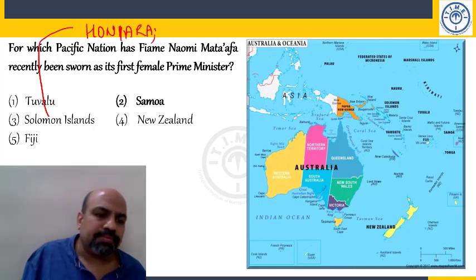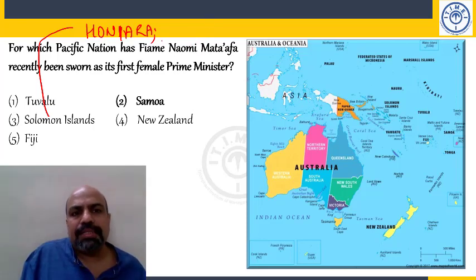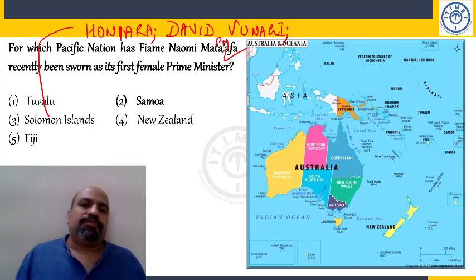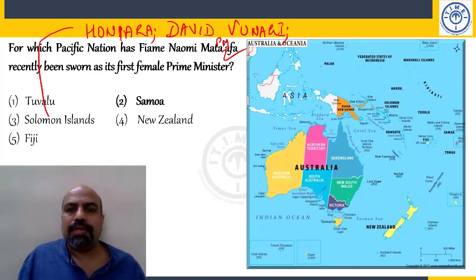And the prime minister here is David Hunagi. Not president, prime minister, please. Currency is dollar.